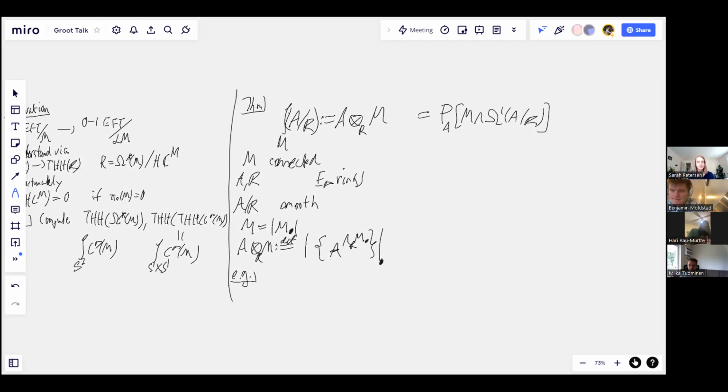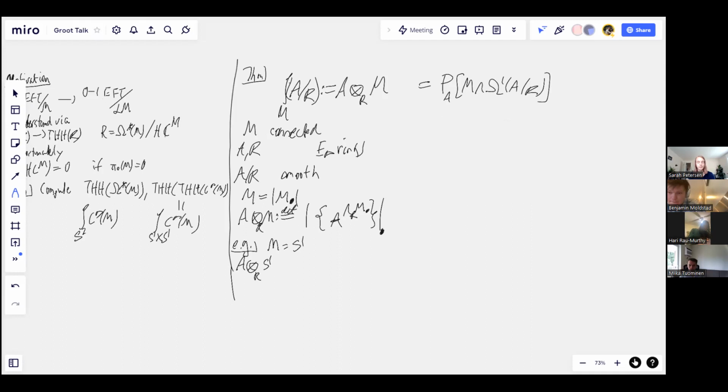So if M equals S1, then A tensor S1 over R is, well, what is that? S1 is the geometric realization of the following simplicial set. It's Z mod n plus 1 in the nth degree. So the zero skeleton is a point, and so on and so forth. And this accounts for all the degenerate simplices as well.